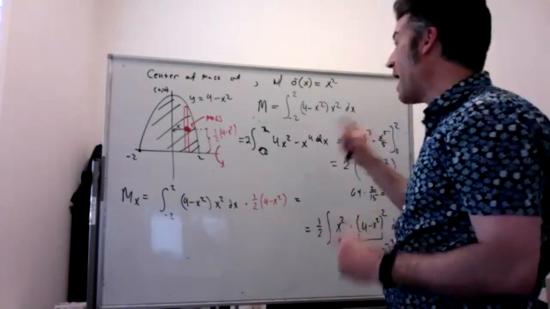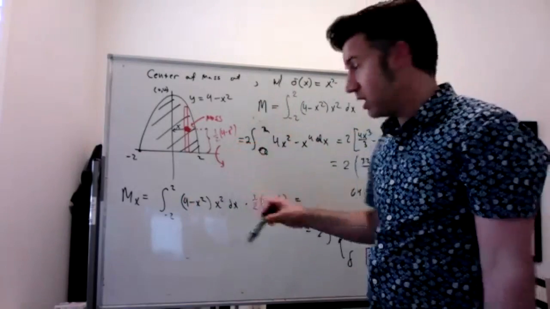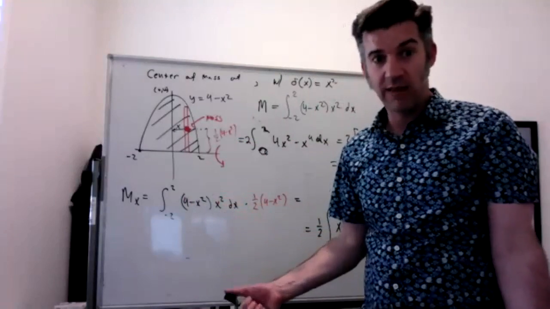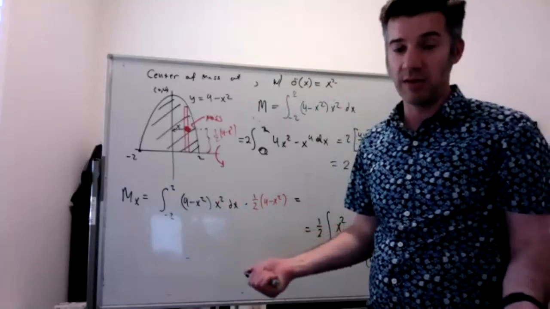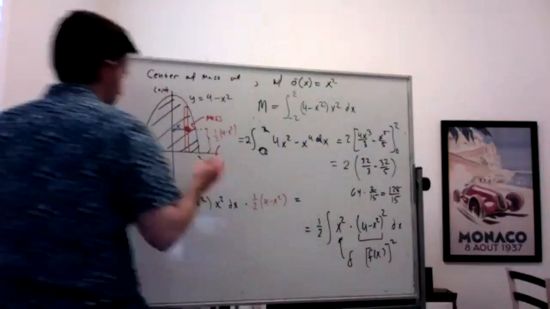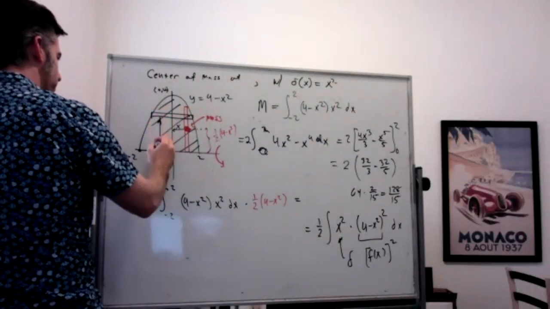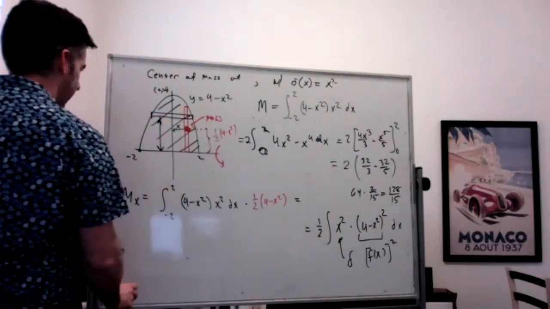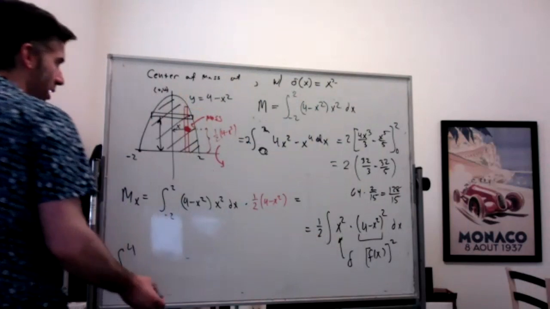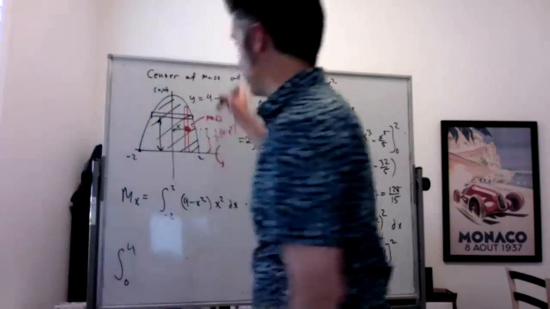The reason we have to do it this way here, unlike the previous problem, is because here your density is a function of x. And if your density is a function of x, your integral has to be in terms of x. You cannot do it in terms of y. I can't say that the moment around the x-axis is the integral from 0 to 4 of the mass of this, which is the right function minus the left function.